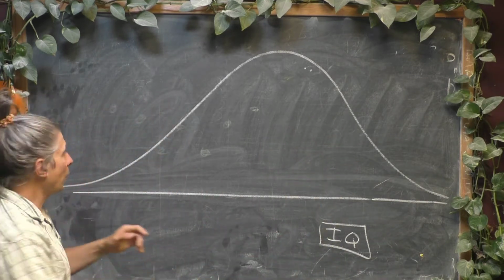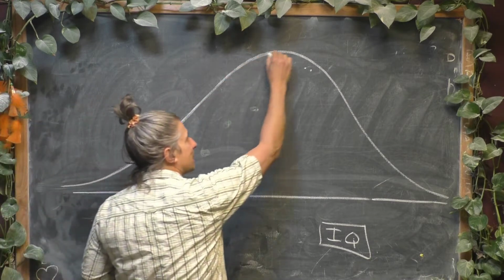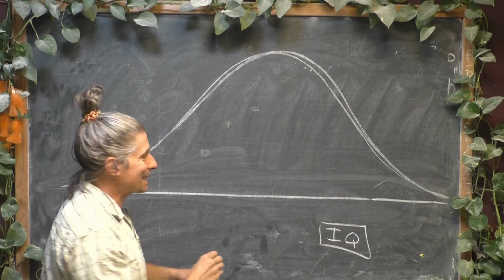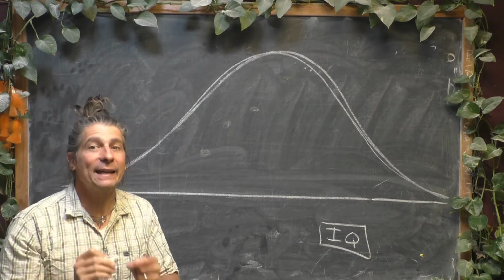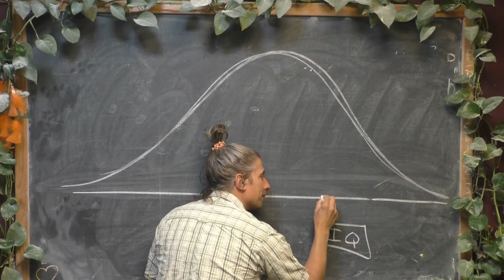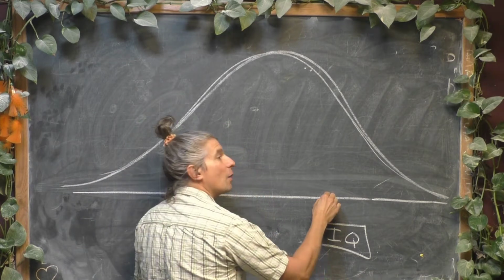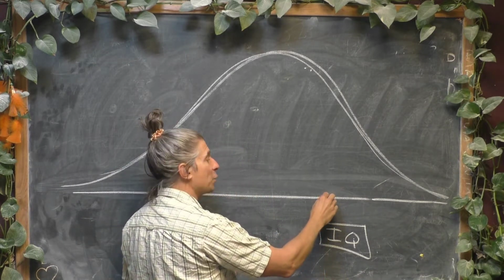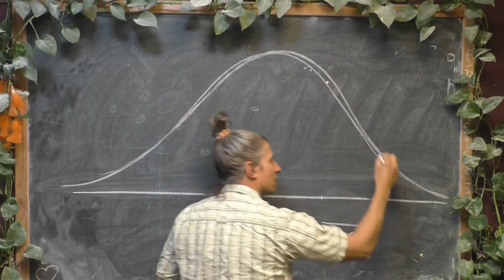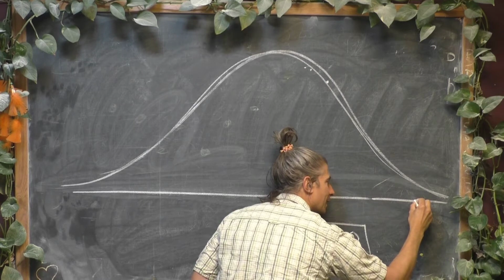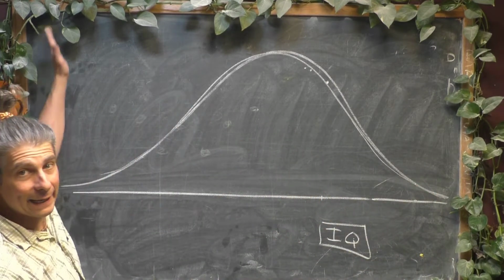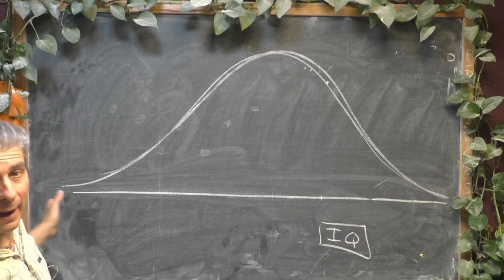Okay, what does the curve show us? And this is the interesting part about the math. The curve shows us the likelihood of a given IQ. So if someone's IQ is here, it means the percentage of that IQ in the population is up on the curve. If someone's IQ is here, it means the percentage of the IQ is in the curve. I know I didn't put any vertical axis here, and there's a reason for that.